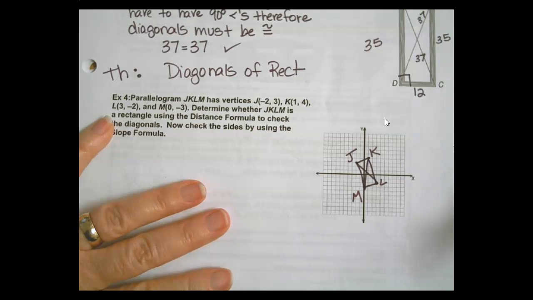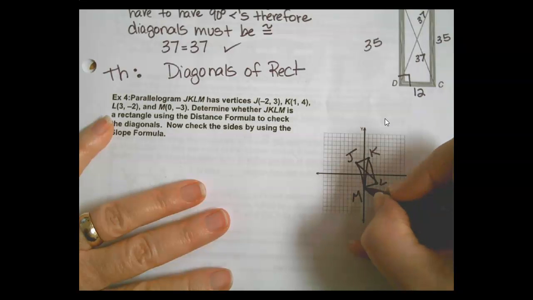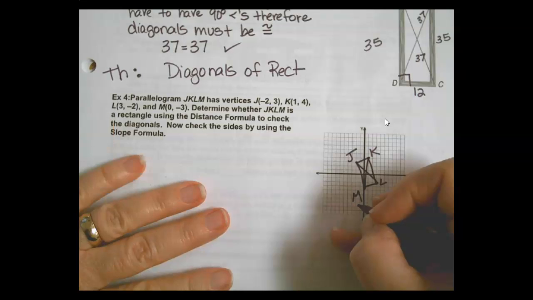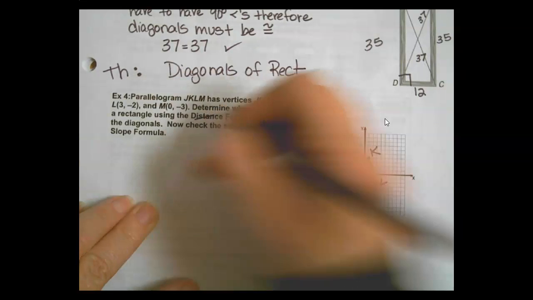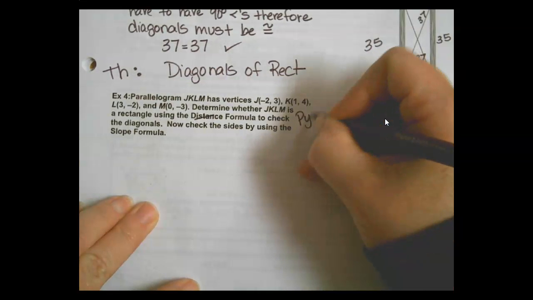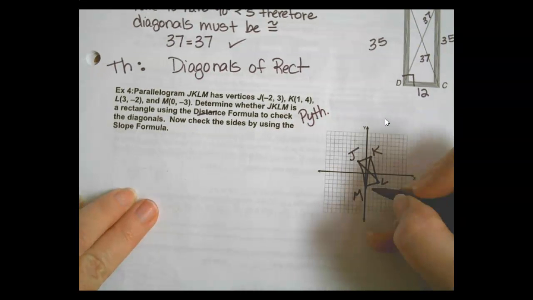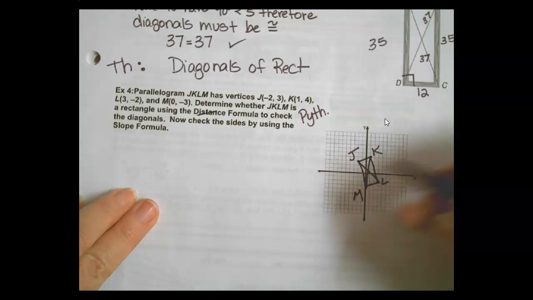All right, so let's try our diagonals. Let's go to M to K. It says you can use the distance formula, but you know I'm going to change that to the Pythagorean theorem. From M to K, I don't like this because you can't really see.